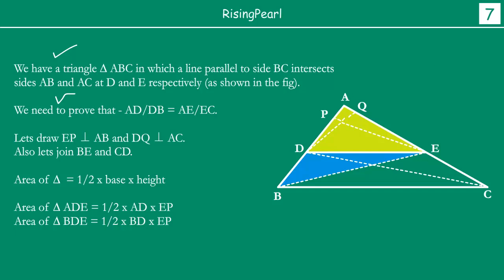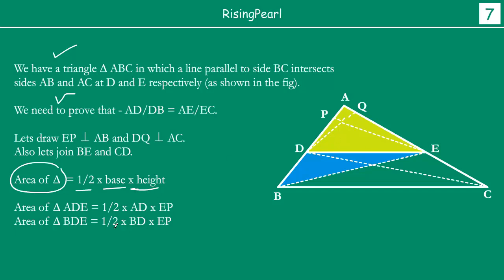So then we look at these two triangles highlighted in yellow and blue. So we know that area of a triangle is half base times height. This is just the formula for area of a triangle, right? So area of triangle ADE is half AD times EP.